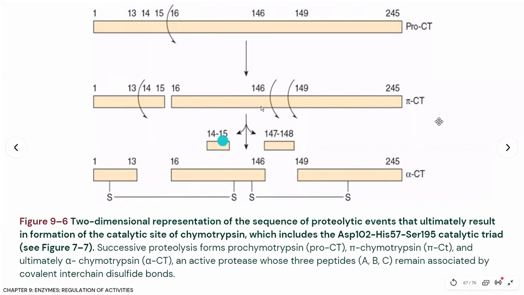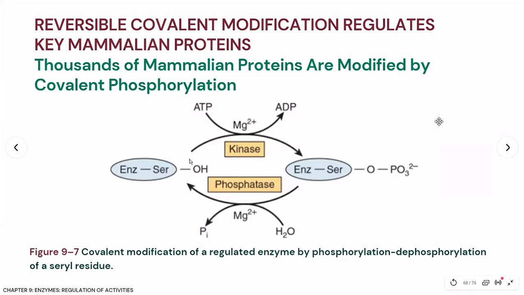Here, this is cut at 146 and 147. Then another one cuts before 149, and so you have here 147 or 148. So there are three segments now.